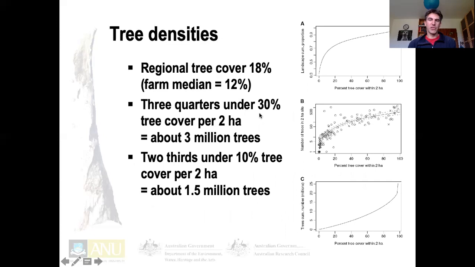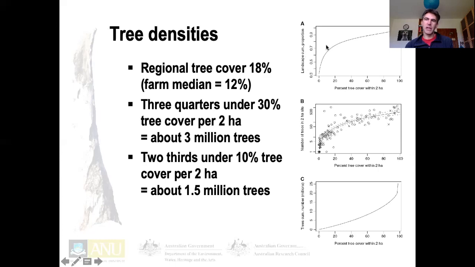And three quarters of tree cover actually occurs at less than 30%. So 30% tree cover is here, in landscape cumulative proportion.